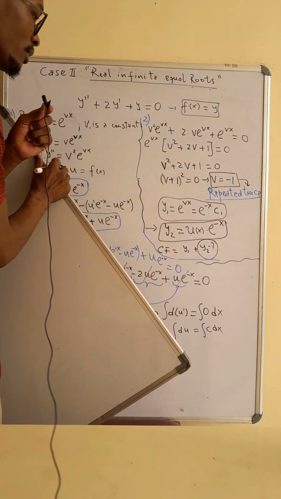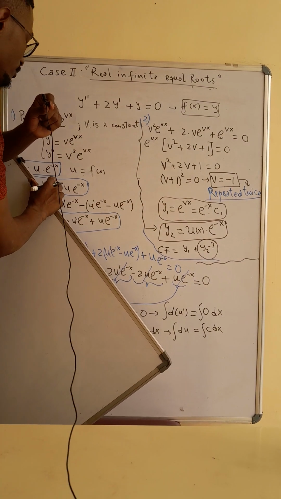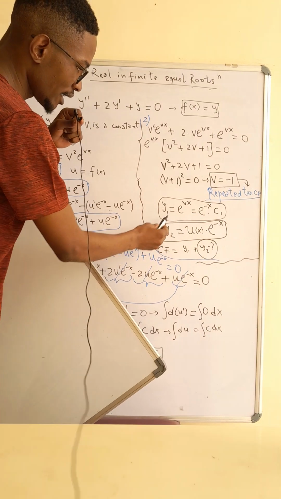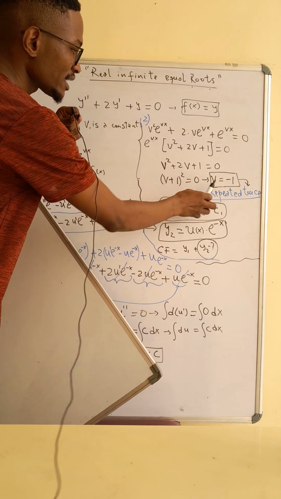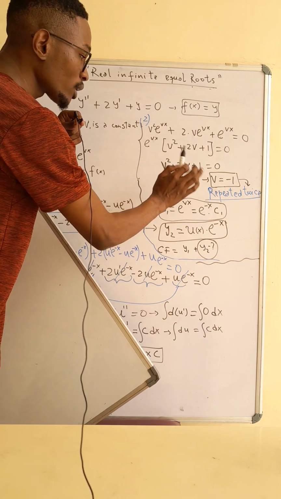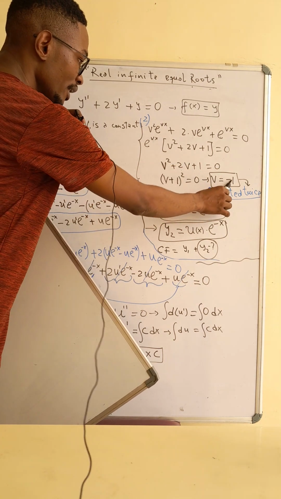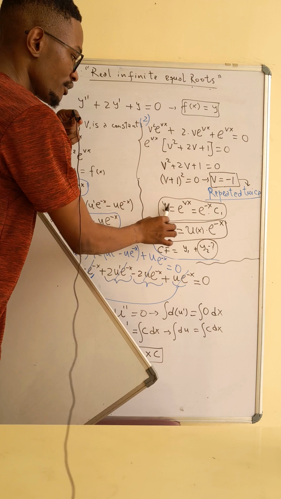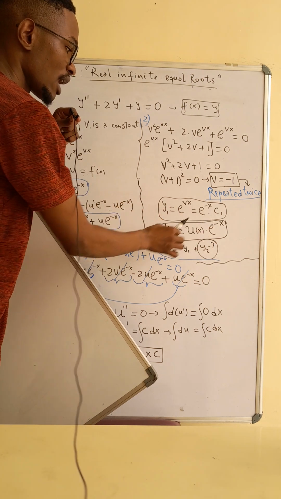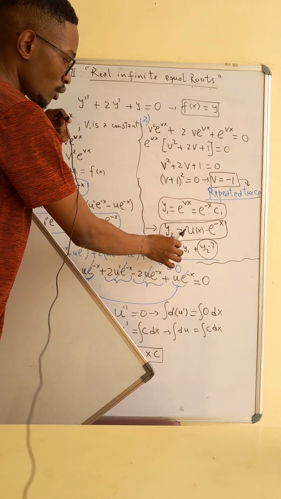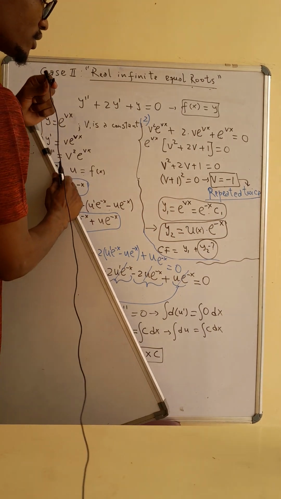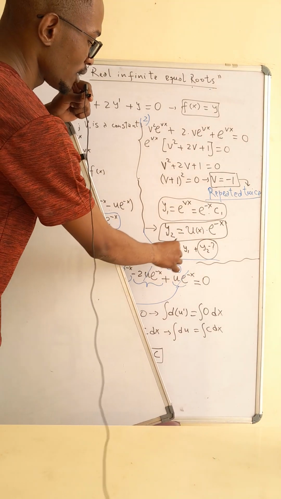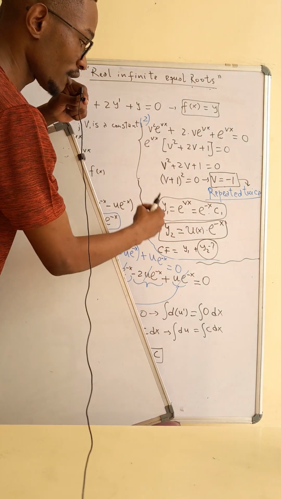Let me just show you. This is your y1, Euler raised to minus x. Finding y1 is just substituting the solution for equal roots in this expression. Then you find y1, just like this. Now, to find y2, you have to go through this process that you can see here. So to find y2, we have to reduce the order of this differential equation.